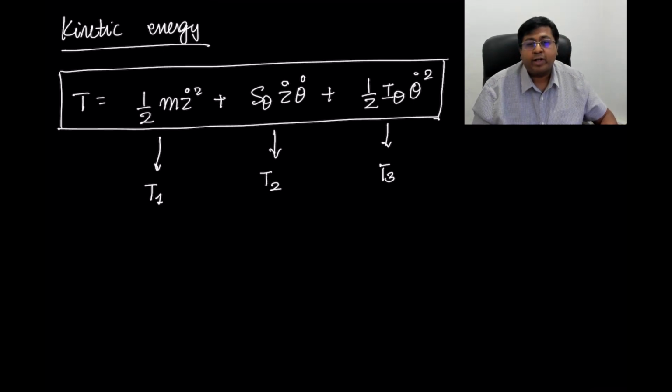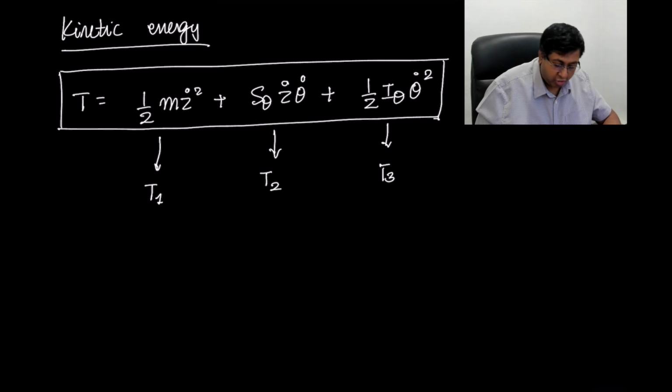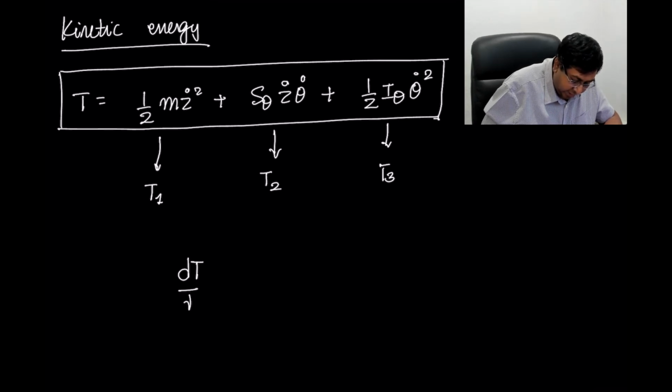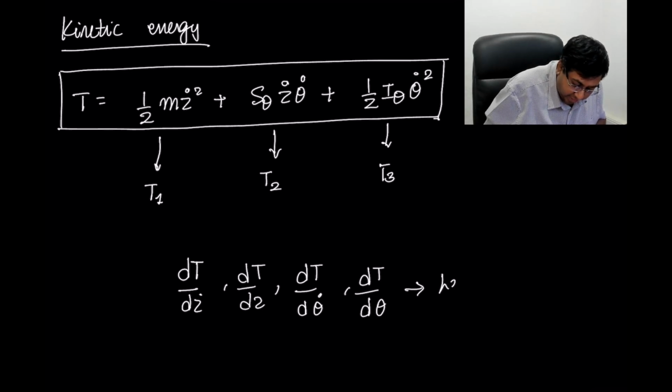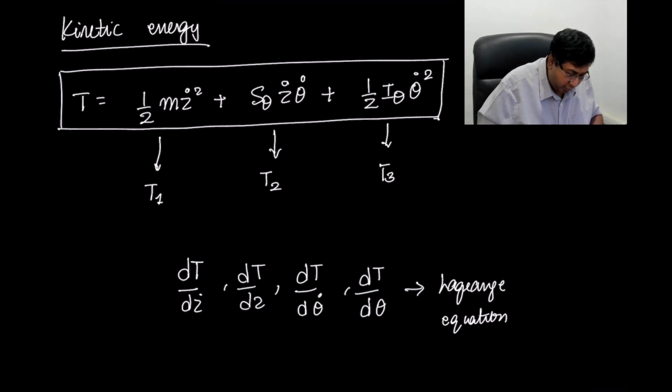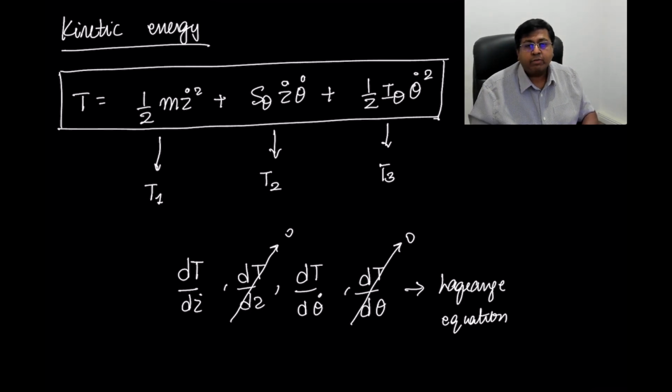So now we have the term that we can use in our Lagrange equation. We need dT by dz dot, dT by dz, dT by d theta dot, and dT by d theta. As we can see already, two of these terms go to 0. So we only have two other terms, and as we go ahead we will calculate these as well, so that we can get our equation of motion.